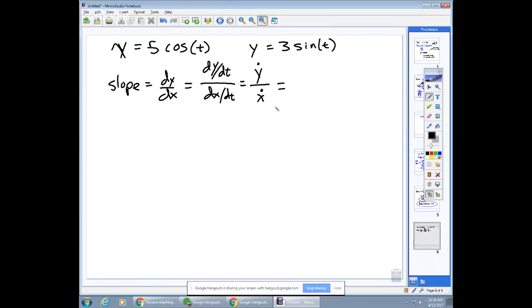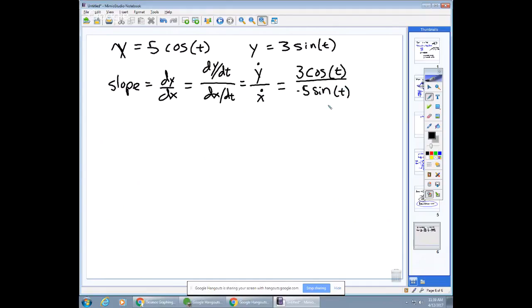All right, so what is y's derivative? Derivative of sine is cosine, so it is just 3 cosine of t. And the derivative of the cosine is the sine, so that's -5 sine of t.